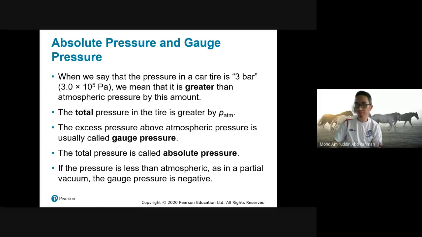So the total pressure in the tire is greater by P atm, the pressure of the atmosphere. The excess pressure above atmospheric pressure is usually called the gauge pressure. The total pressure is called the absolute pressure.